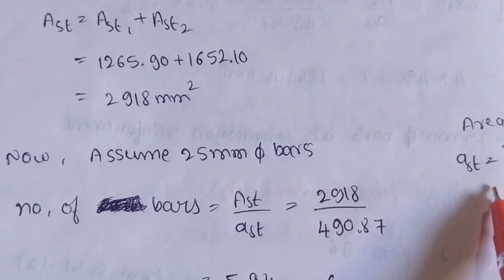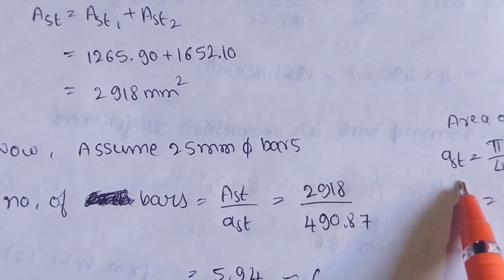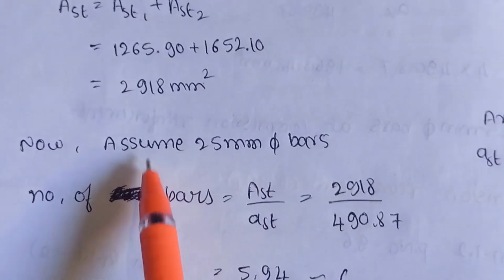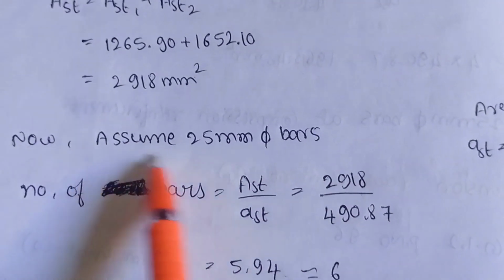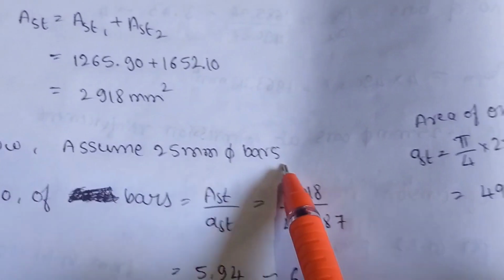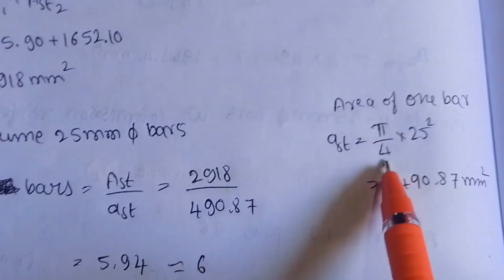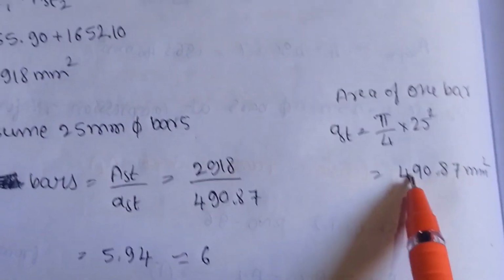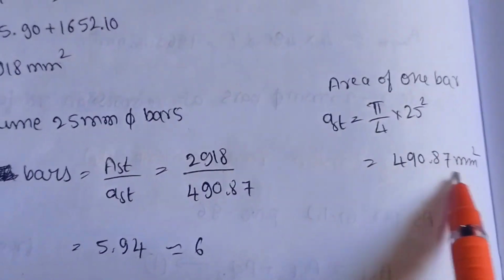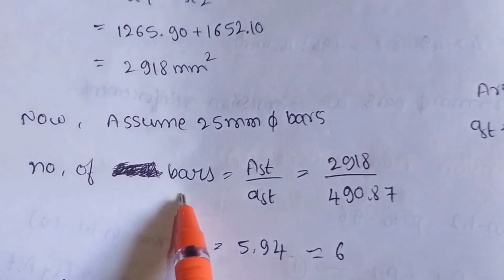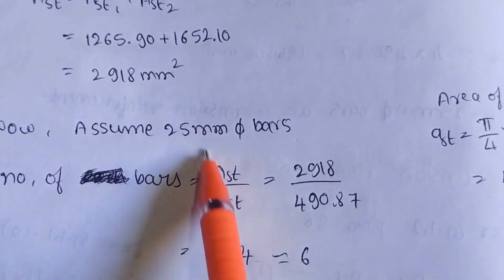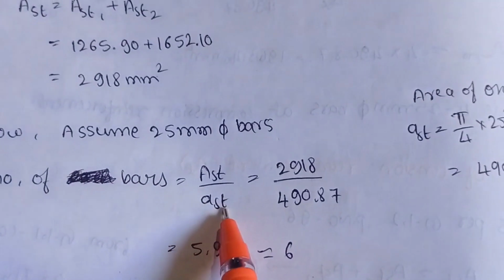Now we need to find the number of bars. For that, again we need to assume the diameter. So I am taking 25 mm diameter bars. The area of one bar is equal to pi by 4 into 25 square, and we get 490.87 mm square. After this we go for the calculation of the number of bars: AST divided by the area of one bar.